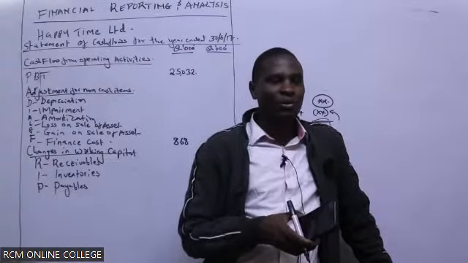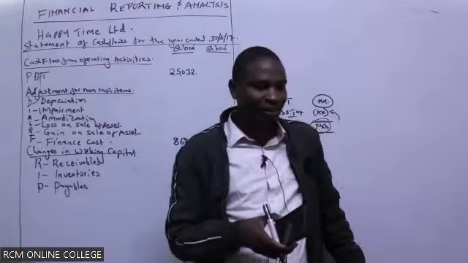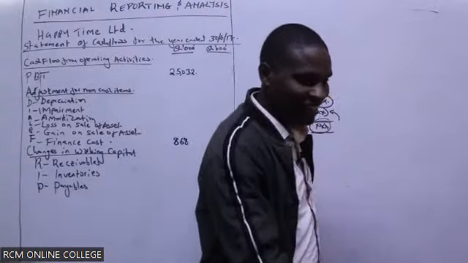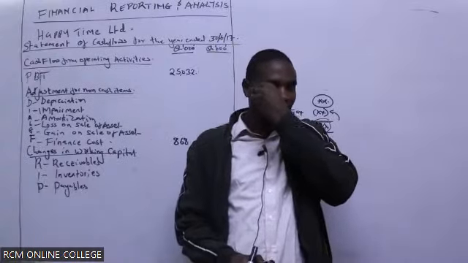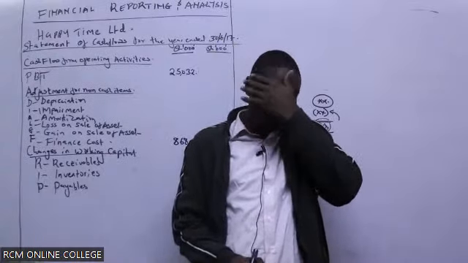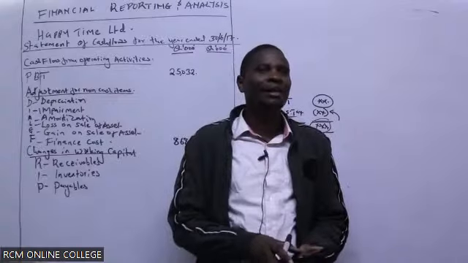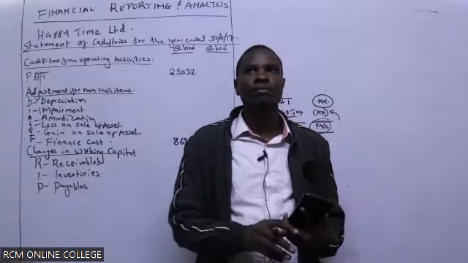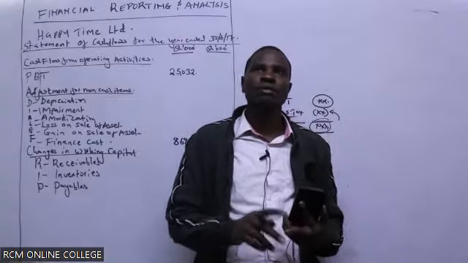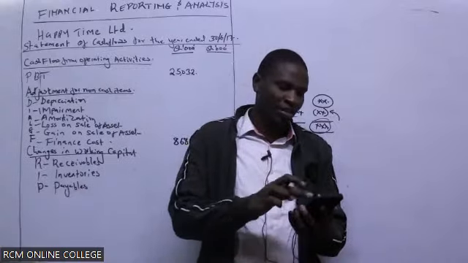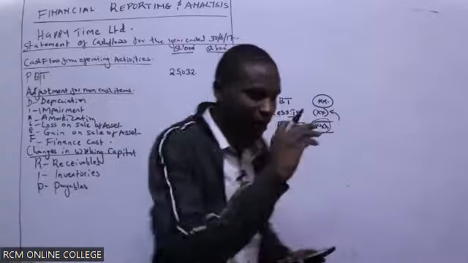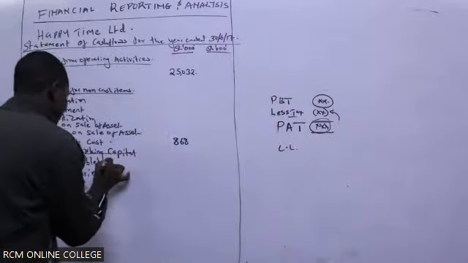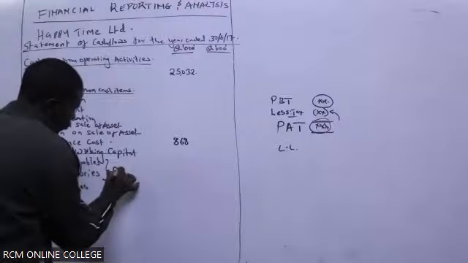Yes. OC, opening minus closing. So there's no need to think about what they did. You just use that formula. When it comes to assets here, we just use OC.